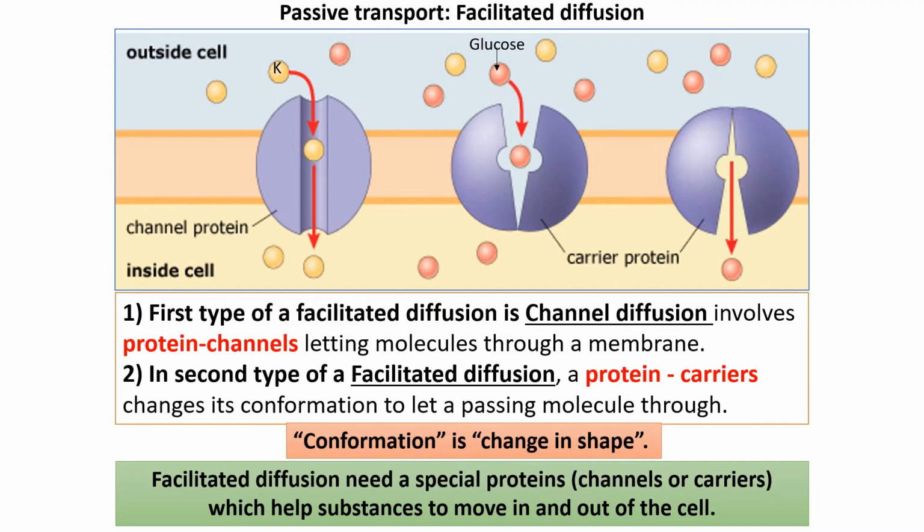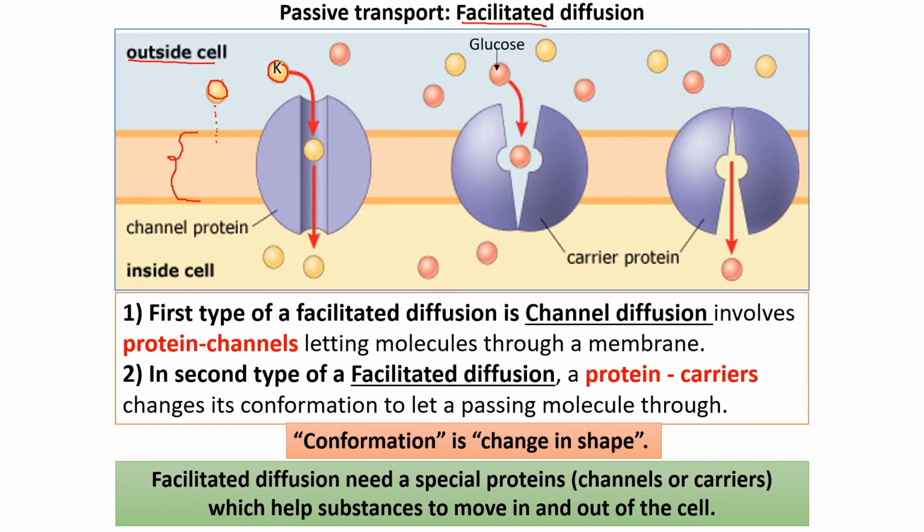Next, we will talk about facilitated diffusion. Again, facilitated diffusion is a passive transport. So it means molecules will move from the area of high concentration to the area of low concentration. But it's called facilitated because these molecules, for example, potassium outside of the cell, cannot simply diffuse through the cellular membrane, the layer of phospholipids.